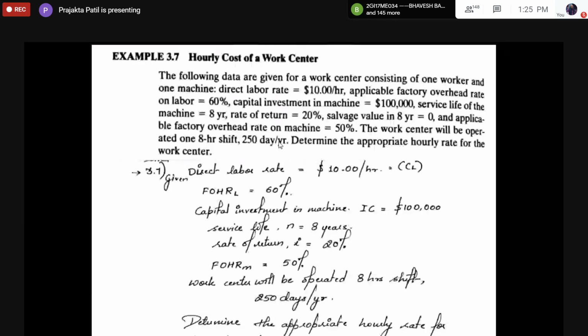Please ignore this, I have written this as CL, it should be DL. Sorry, it's correct, labor cost. It is $10 on labor, 60%. Capital investment in machine, that is IC, is $1 lakh. Service life of that machine is 8 years and rate of return is 20%.